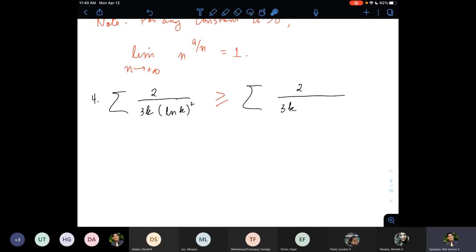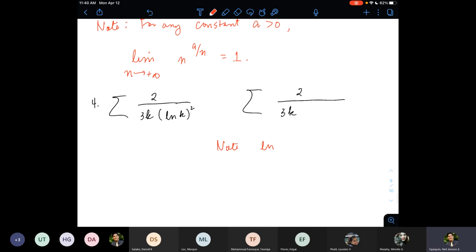So basically, note that ln k will be larger than 1 if k is larger than e, right? Because ln of e is equal to 1, ln is increasing, so if k is greater than e, then ln k is greater than 1, okay? So if it is greater than 1, what happens when I just disregard the ln k, which is greater than 1? That means I made the denominator smaller.